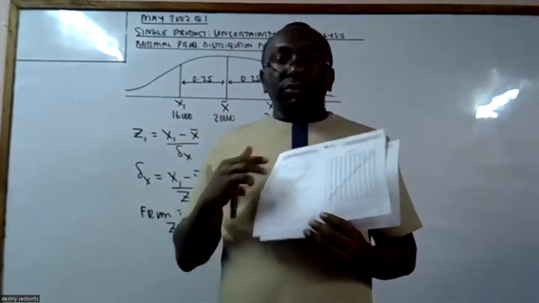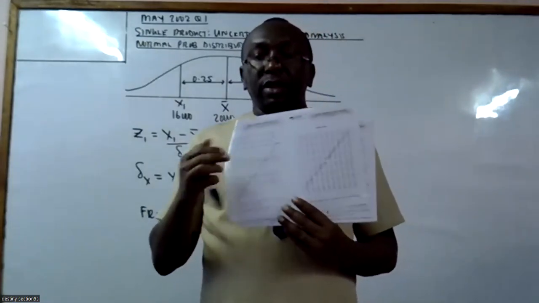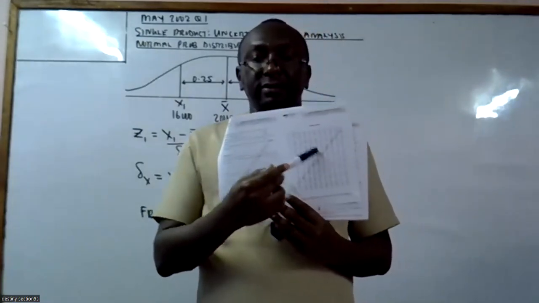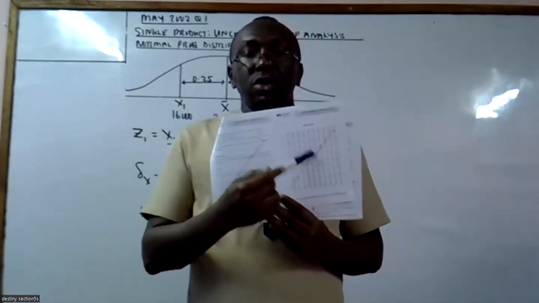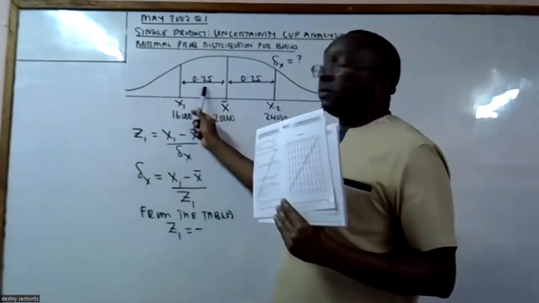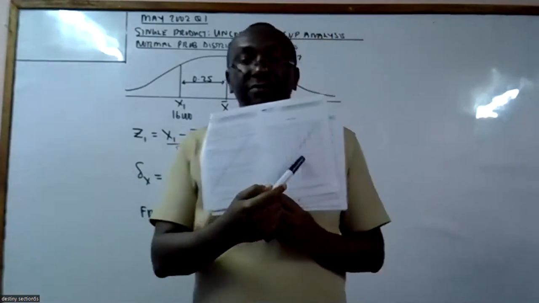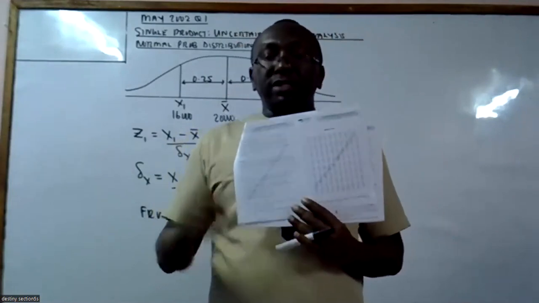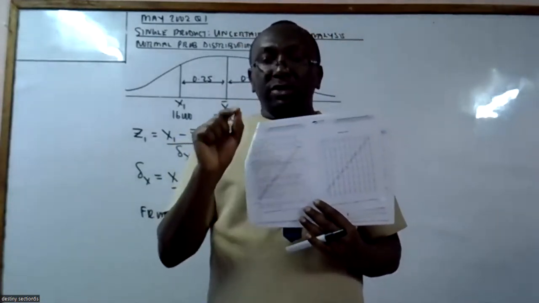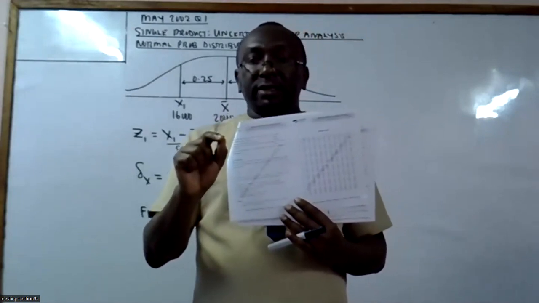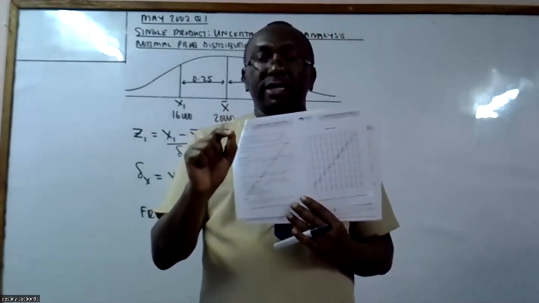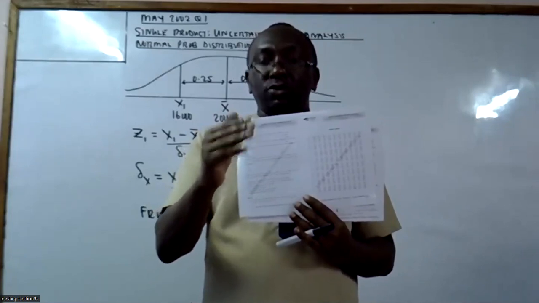I told you how to read this: you get inside here, you look for this value, 0.25. You may not get it exactly, so you pick the value that is closest.